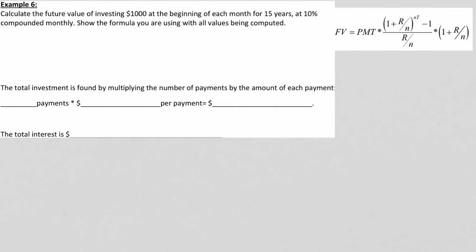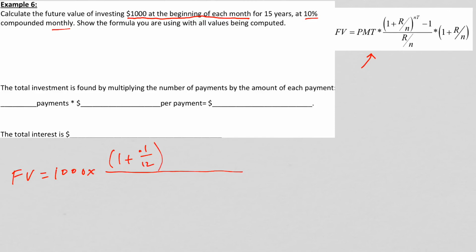Okay, this problem tells you that it's going to be an annuity due, but it doesn't have to explicitly state that. The fact that we're making these payments at the beginning of each period tells us that. Okay, so we are going to calculate the future value using this formula this time. So our future value is going to be equal to $1,000 payments times 1 plus our rate, which is 10%, over our N, which is compounded monthly, and this is for 15 years.